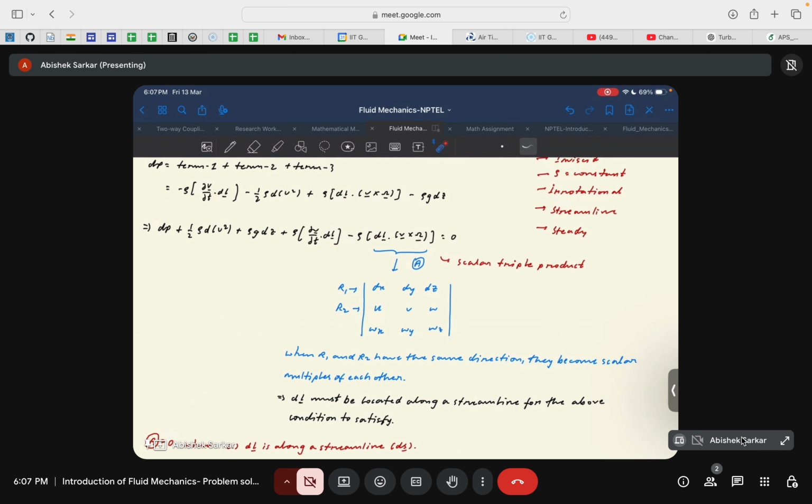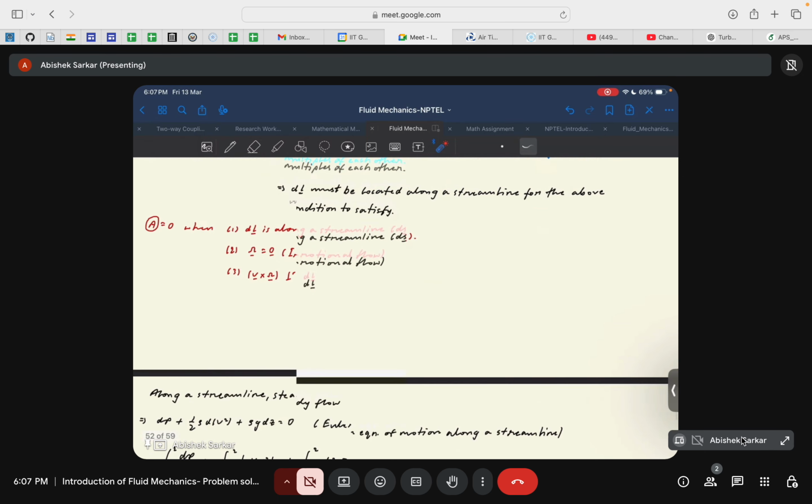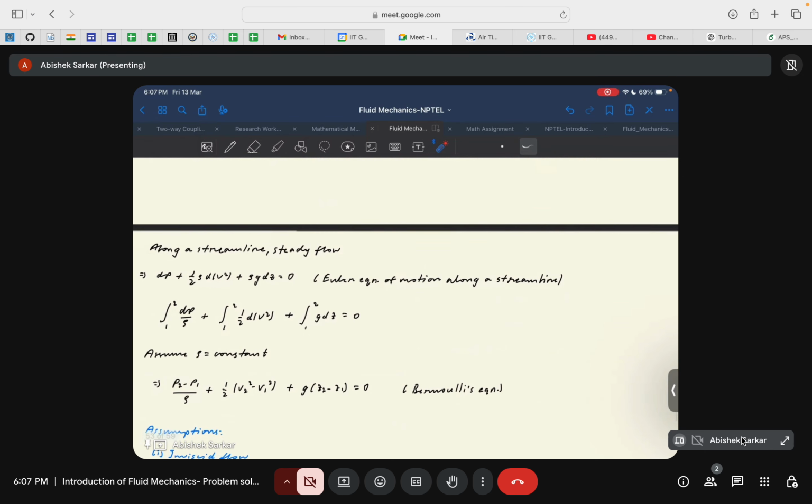So the equation that we have in hand is, if the flow is along a streamline and steady, dp plus half rho dv square plus rho g dz, which is the Euler's equation of motion along a streamline for a steady case. Now what we'll do is integrate this equation from say point 1 to point 2.